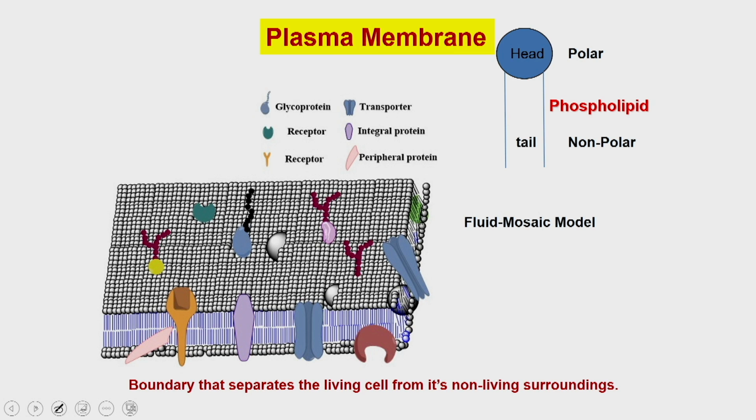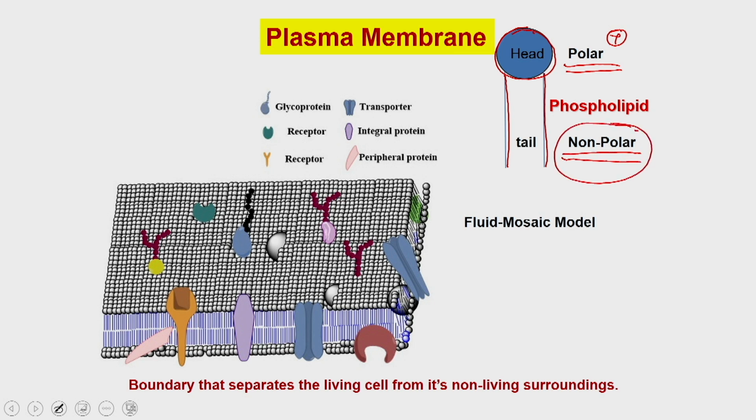In a typical phospholipid, you have a head on the top, and then you have the tails. This head is polar, which means it is going to be a charged molecule, whereas the tail is non-polar, which means this portion is not going to like the water.